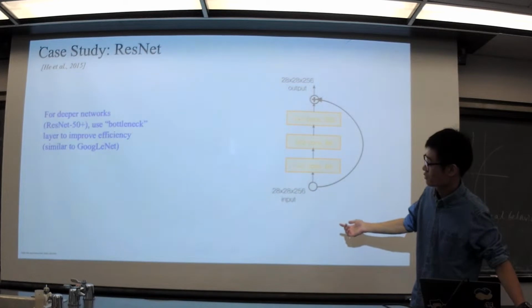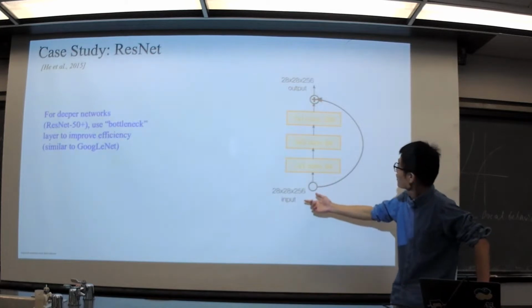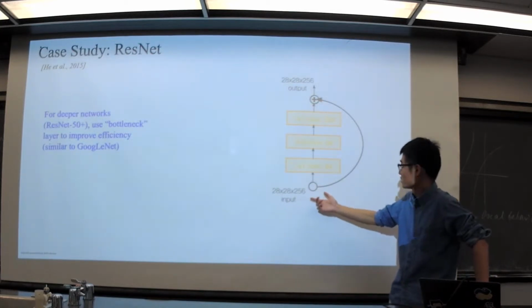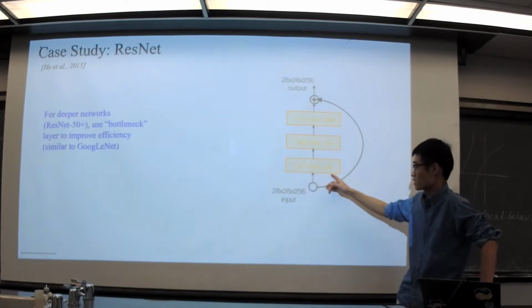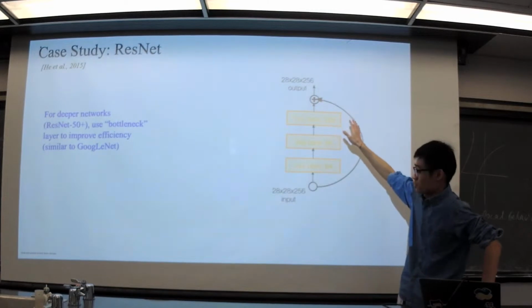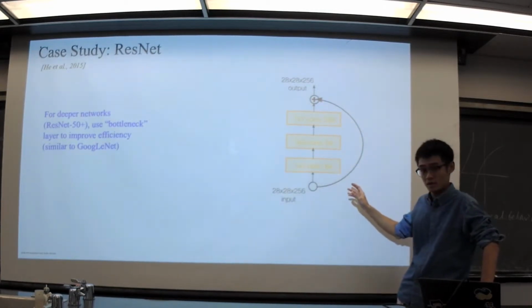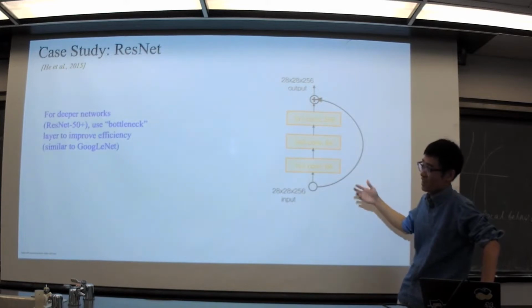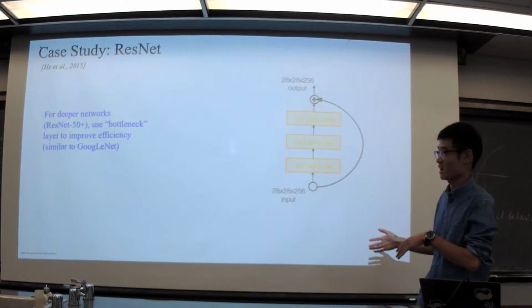It's similar to GoogleNet. If we simply use two 3x3 conv layers, with the input shape and the output shape of course the same, it will use more memory. That's what I mentioned. At that time, we had very limited GPU memory size.